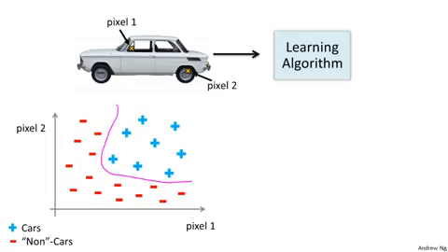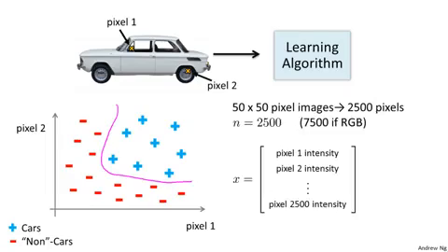What is the dimension of the feature space? Suppose we were to use just 50 by 50 pixel images. That is, suppose our images were pretty small ones, just 50 pixels on the side. Then we would have 2500 pixels, and so the dimension of our feature size will be n equals 2500, where our feature vector x is a list of all the pixel intensities: the brightness of pixel 1, the brightness of pixel 2, and so on, down to the brightness of the last pixel.